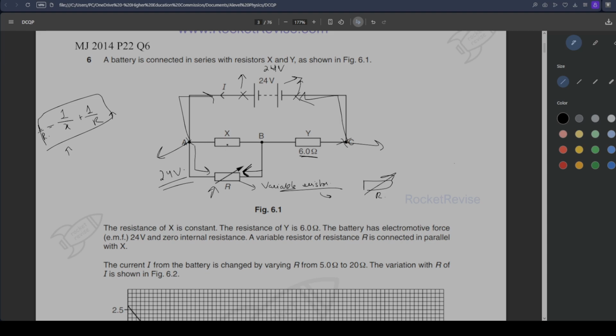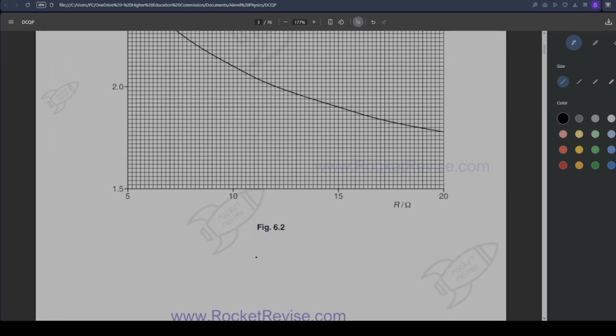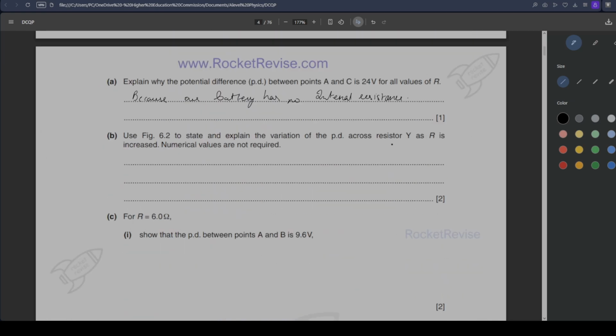So because this portion of the circuit is going to have a greater resistance as R increases, it's going to use up more voltage. और अगर ये वाली circuit more voltage use करिए, that's gonna leave a lower voltage for the Y resistor. So the potential difference across Y will decrease.